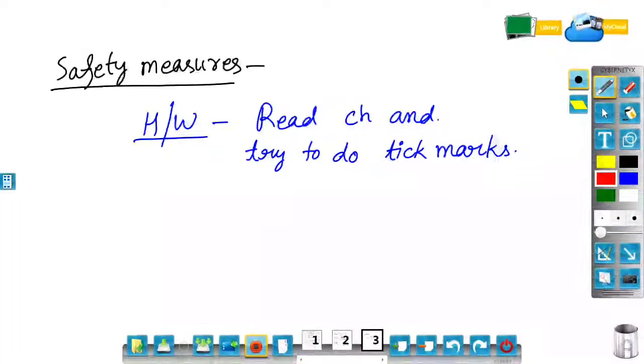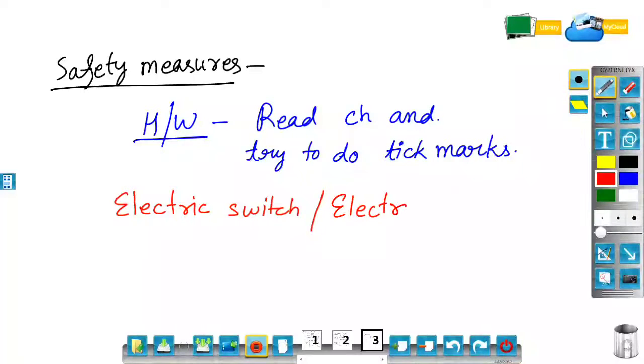Now the next topic is electric switch and electric torch. These two things work on the basis of electric current.